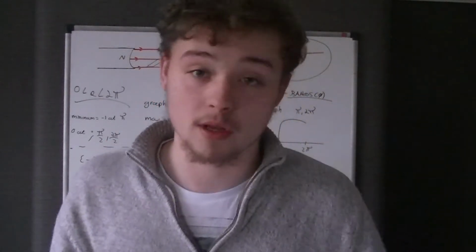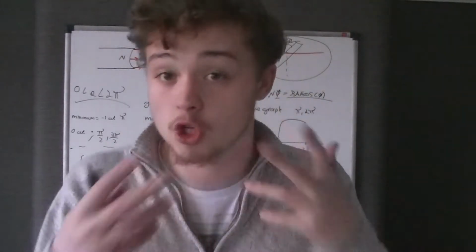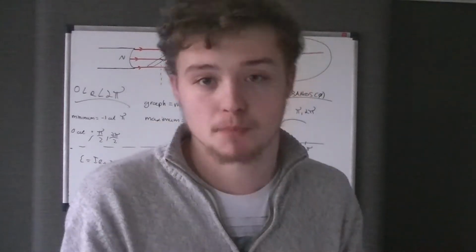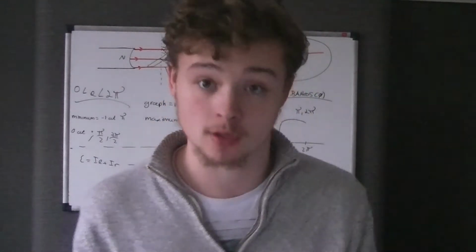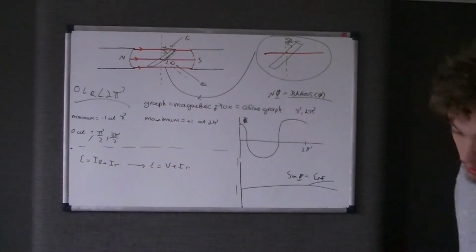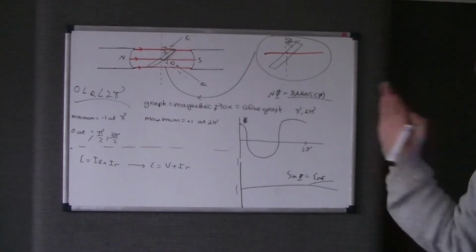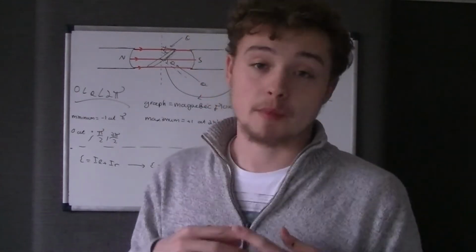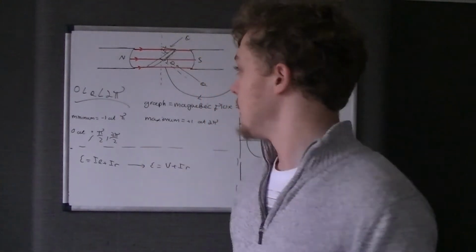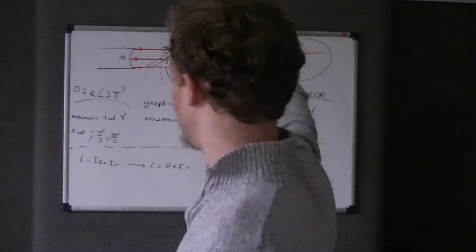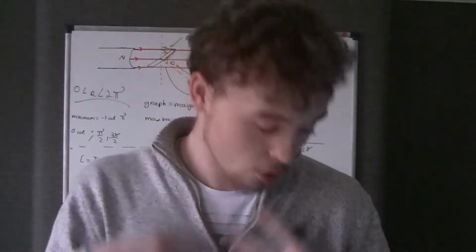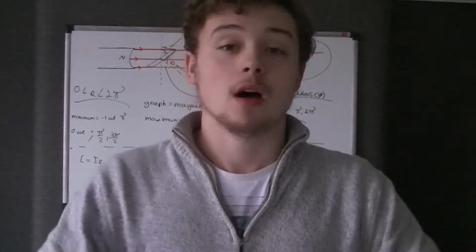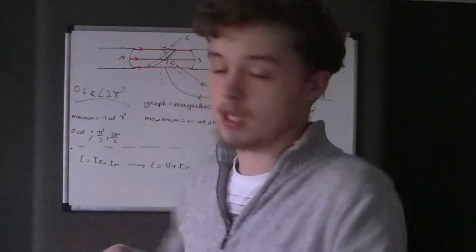The eddy current is just the name for the current which is induced by electromagnetic induction. So the faster this spins, the more induced current is created, and all this energy is being put into this system.